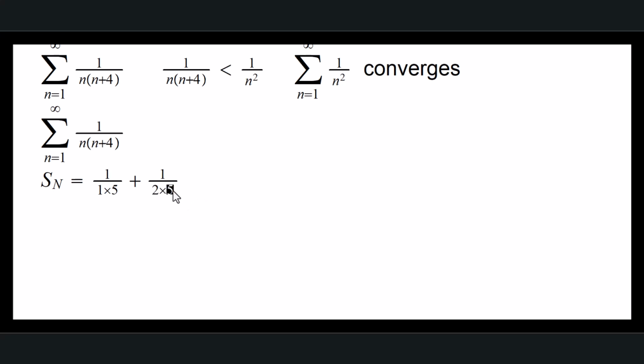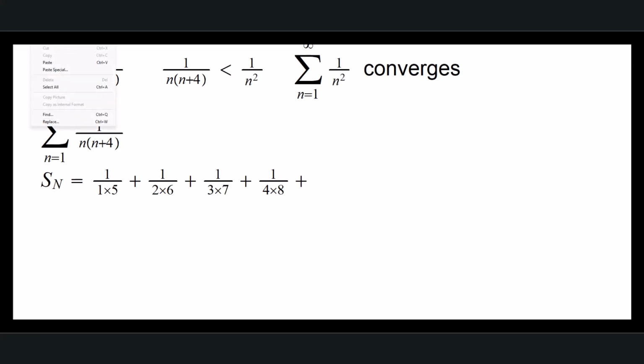Okay, so what am I doing? I'm finding the nth partial sum, and I'm just going to keep doing that for a little while. So this is 1 over 3 times 7, then plus 1 over 4 times 8, then plus 1 over 5 times 9, and at the end we will have the nth term.